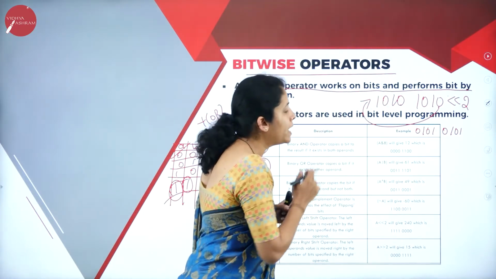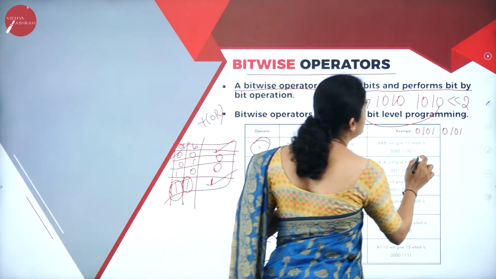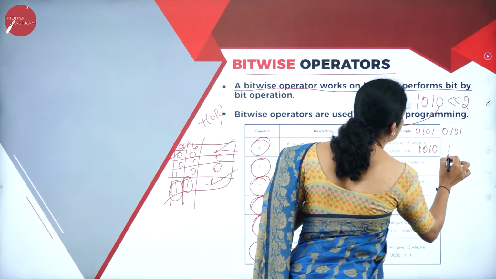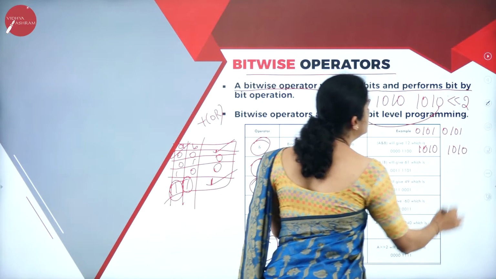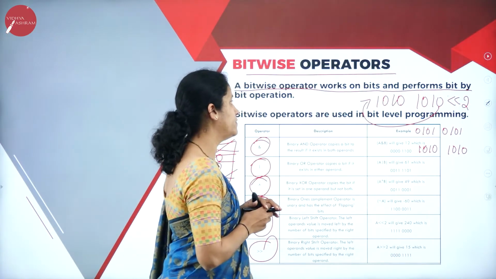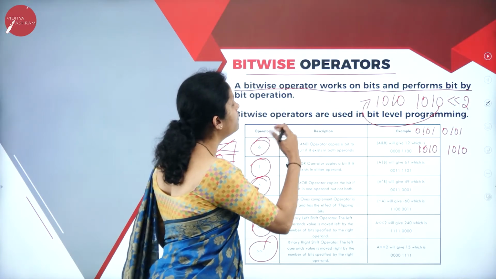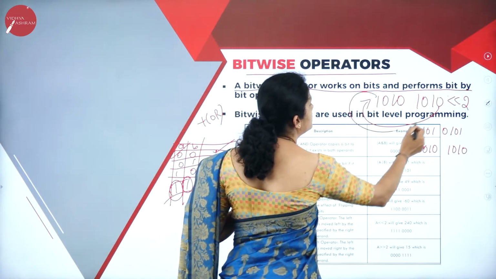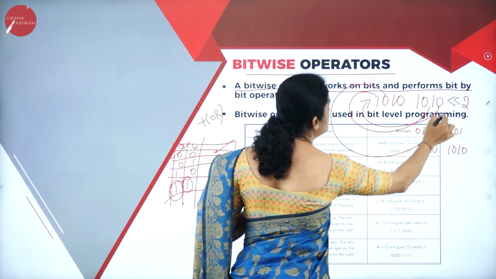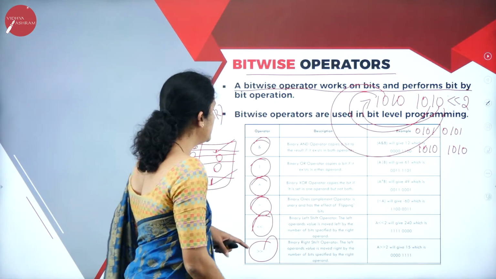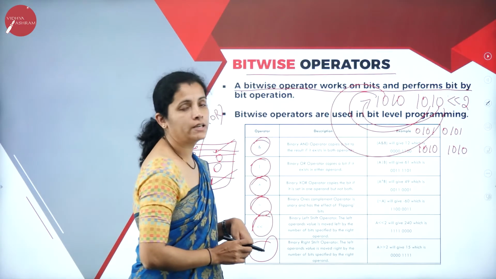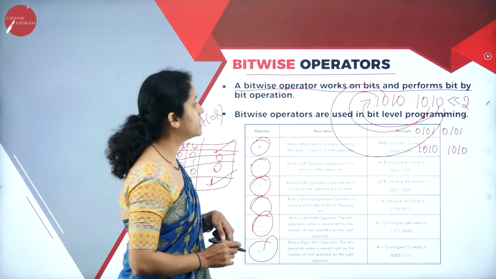And if I apply once again, then it is shifted towards back, that is 1, 0, 1, 0 and 1, 0 and 1, 0. So this is nothing but your right shift. And if I consider left shift, once again this is shifted here at the beginning, and for the second time it is shifted here. This is the way the right shift and left shift bit operators are going to work.